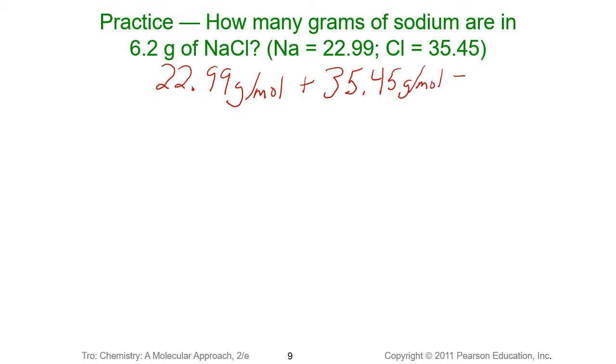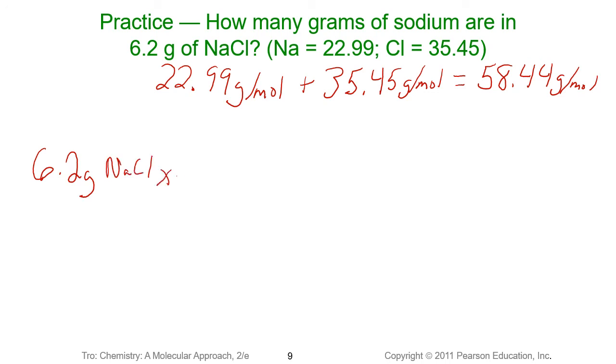That is what our formula tells us. We're going to start with our 6.2 grams of NaCl. Using our molar mass, we can convert to moles. The grams need to go on the bottom, 1 mole on top.